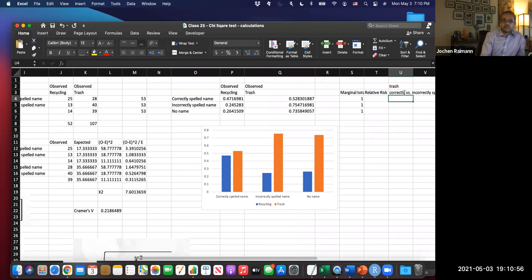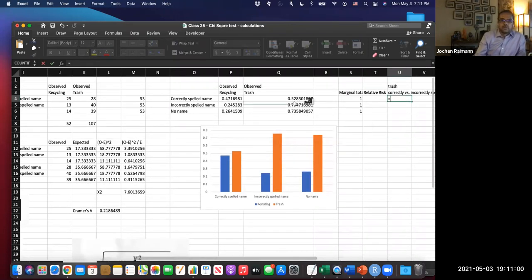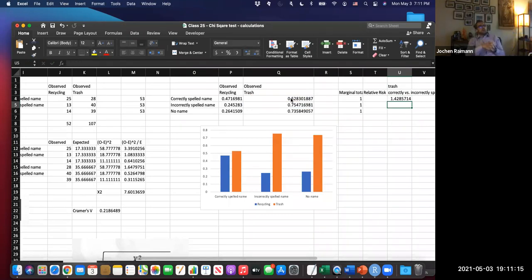And you're doing that by basically taking the probability of trashing with an incorrectly spelled name divided by the probability of trashing it with a correctly spelled name. Because what you get by that is the so-called risk ratio or relative risk, relative to the risk in another category.